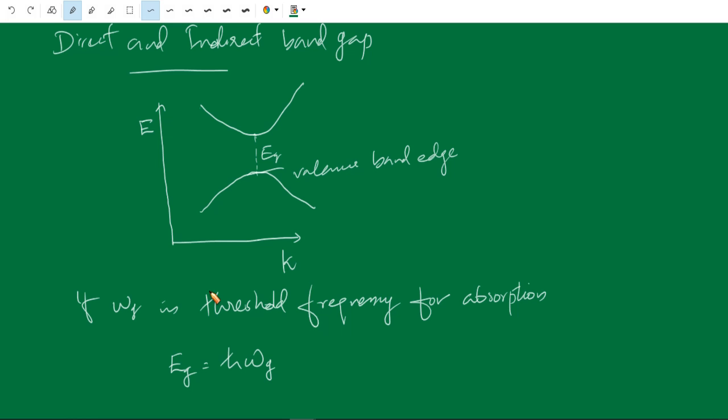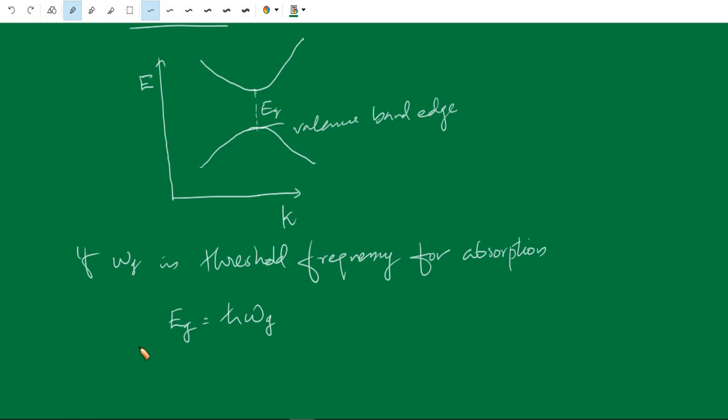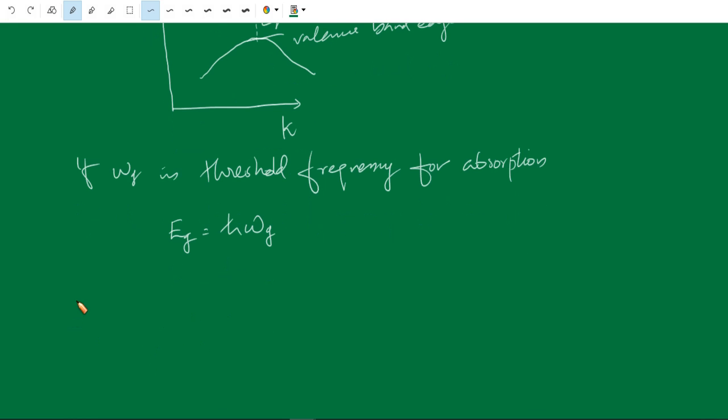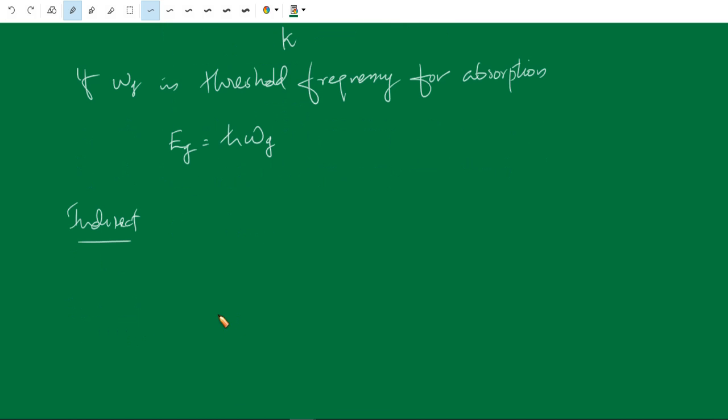But in the case of an indirect band gap, the energy k diagram of the conduction band and valence band is like this.